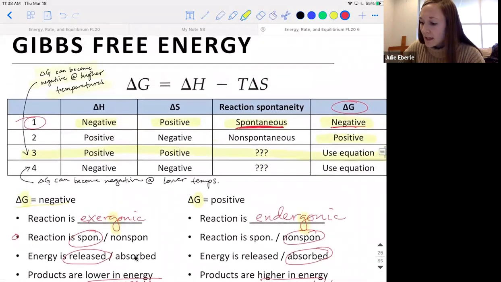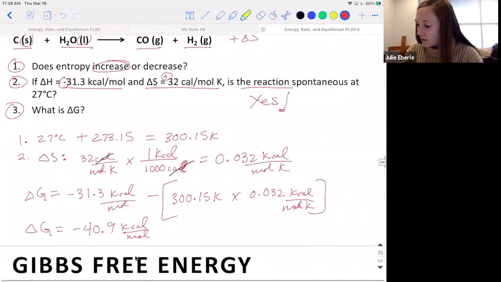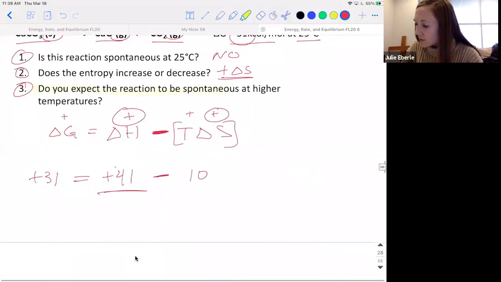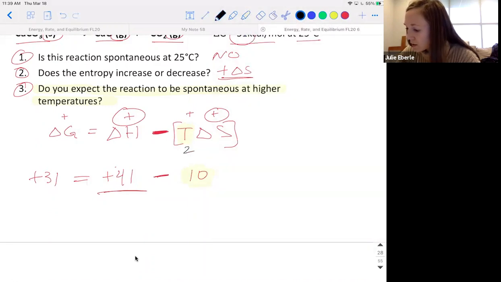Okay. So we said it can become negative at higher temperatures. Let's go back to our question. Do you expect the reaction to be spontaneous at higher temperatures? What do you guys think? The larger this temperature number is, the bigger this negative number gets. If we have a positive 10 here, we could have any combination of numbers, but that could be like a 2 and a 5.